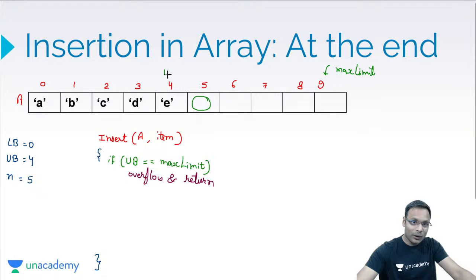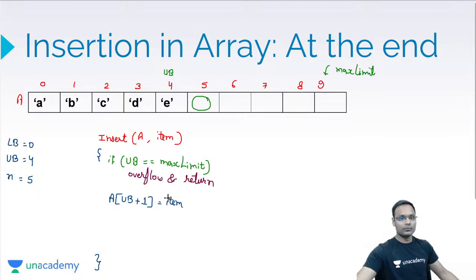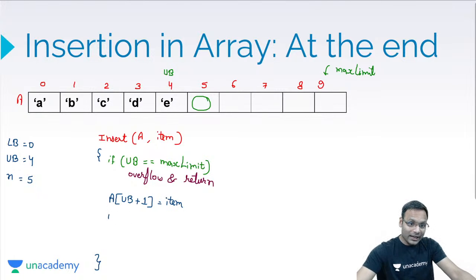Yes, upper bound is here. So which index is it? Upper bound plus 1. So in the array, on index upper bound plus 1, I will insert the element, which one? This item, whichever is given in the algorithm. Right? After that, what I'll have to do?